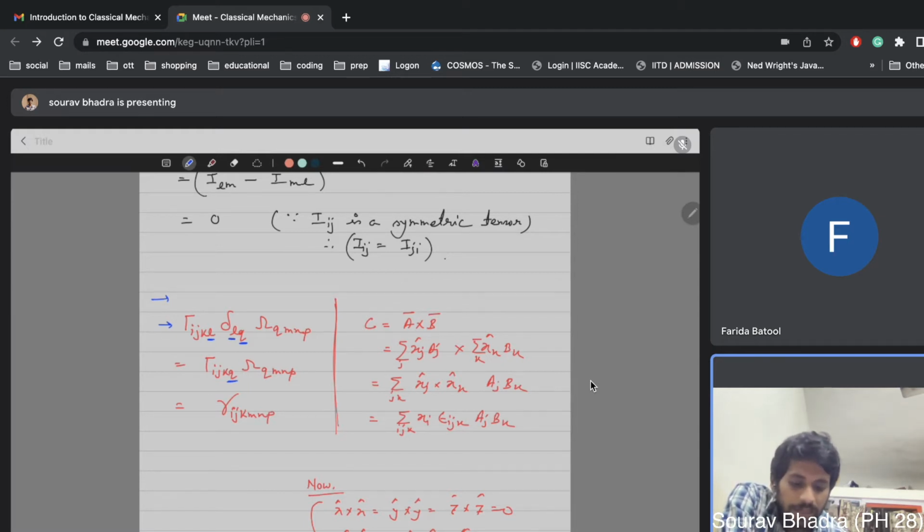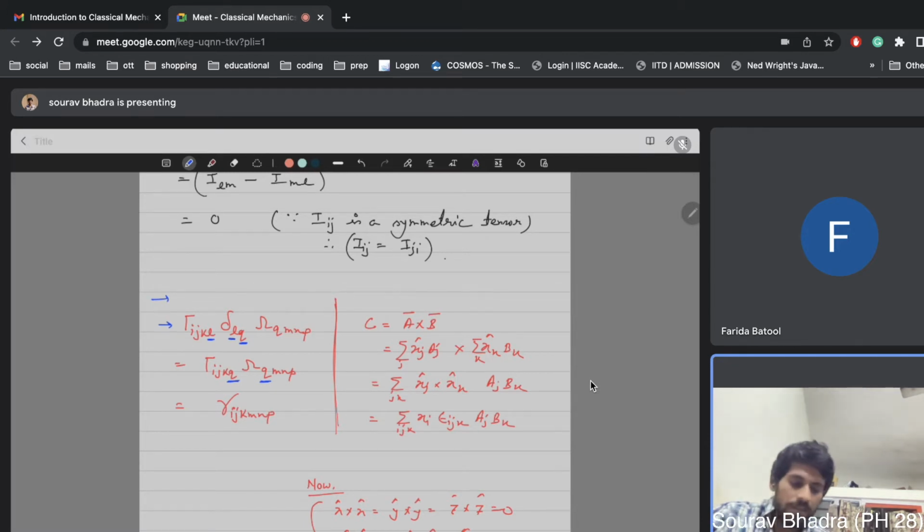Now here in the second step you can also see that there is a repeated index, and you know repeated index means summation over that index. So if you sum over an index, that index will not be there in the final expression. Okay, so this q will be summed over and your final expression will be like this.